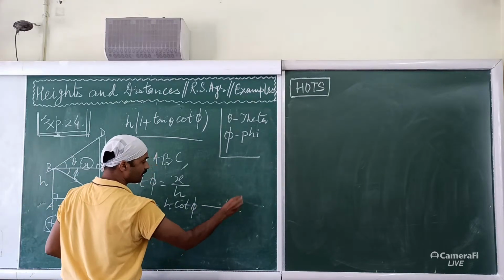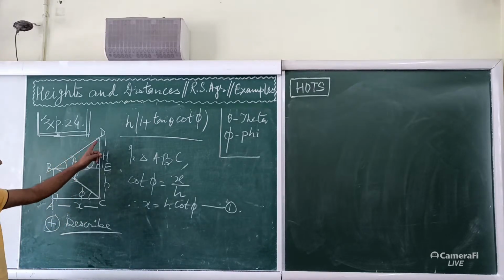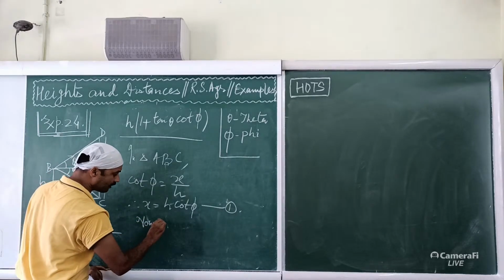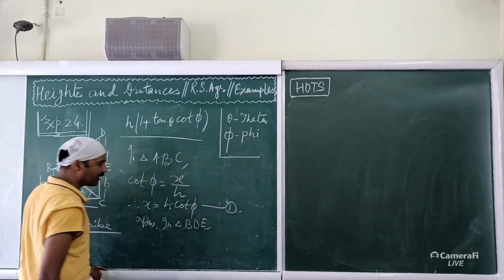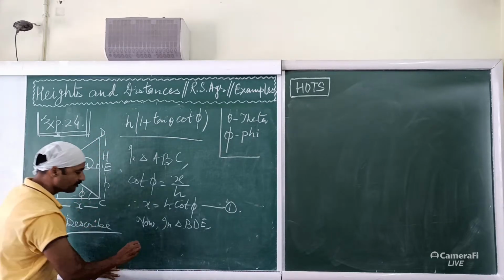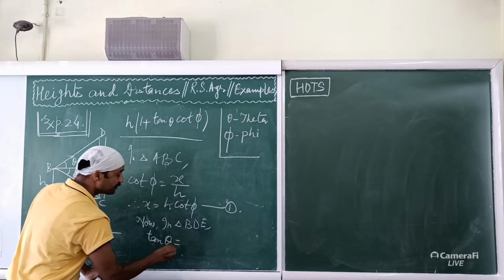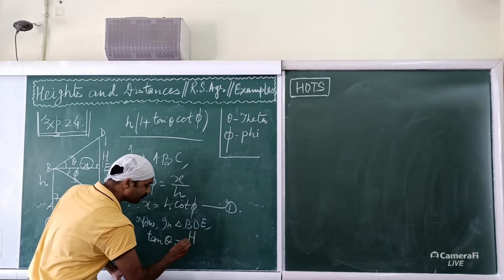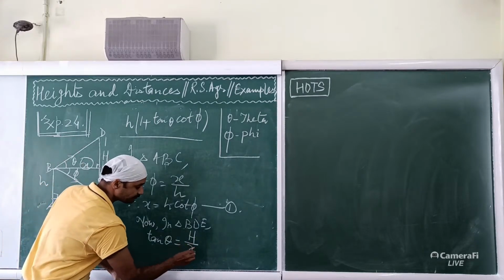Now in triangle BDE, what do we have? We have tan theta, perpendicular by base, that is h by x, where the base is x.